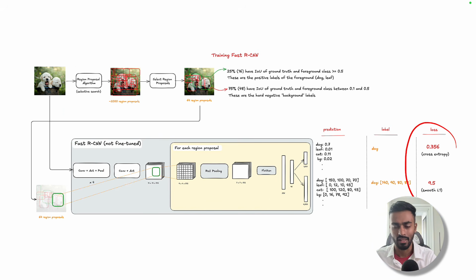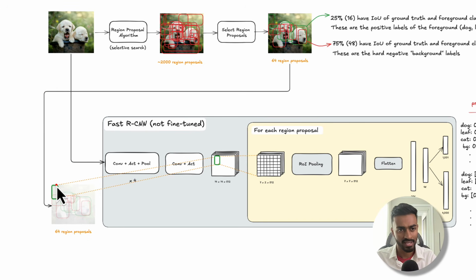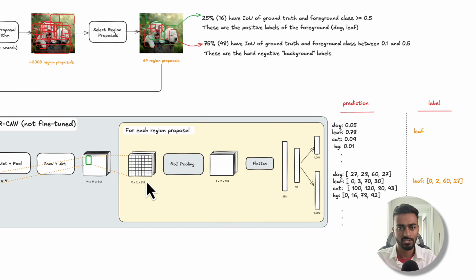Now, similarly, we'll take another region proposal for the same image. Let's say it's a little leaf over here. So let's take this region proposal and pass it into RoI pooling.